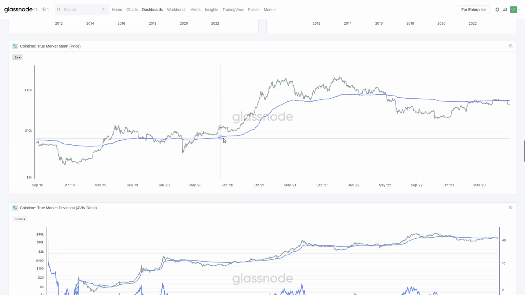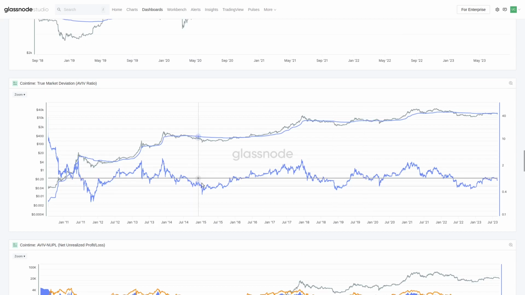Well, the mean and median of this particular model, what we call the true market mean, is at 1 and 1, very close to 1, meaning that over the long arc of Bitcoin's history, the AVIV ratio, which is simply the ratio between price and the true market mean, like the new MVRV, basically slices straight through the middle. We spend half of our time above it, half of our time below it. On the mean, the average, we're half and half. And on the median, the middle value, we are half and half. It's perfectly distributed around a break-even level of 1.